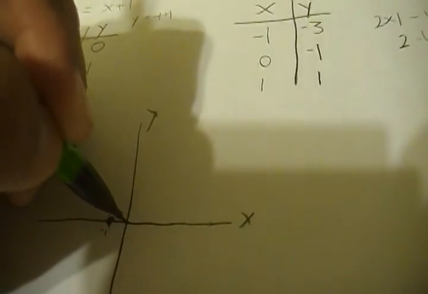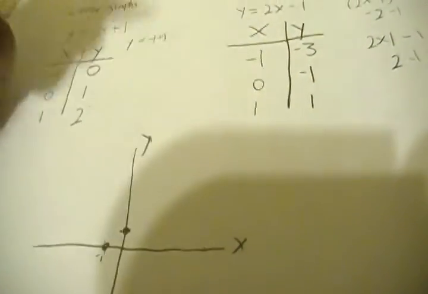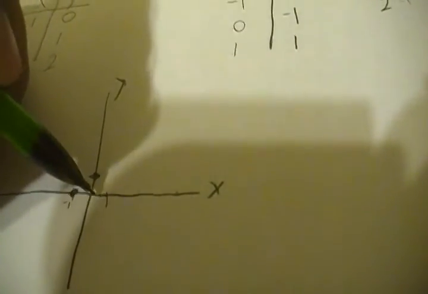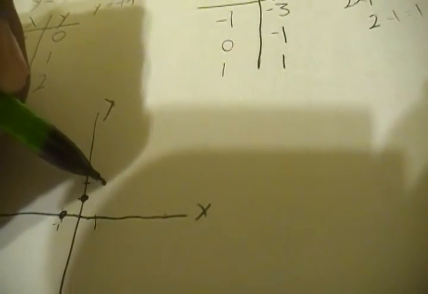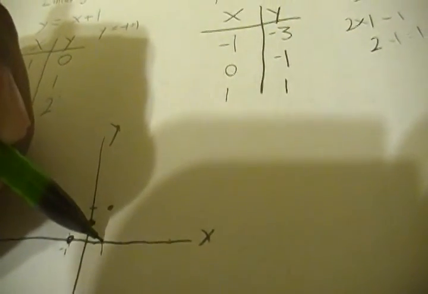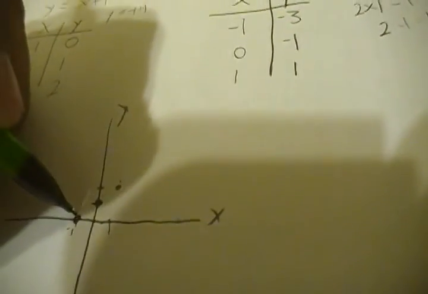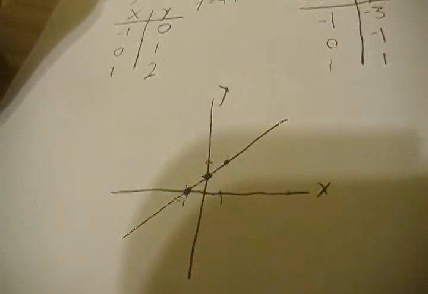So x is 0, and then we have 1 for y. So it'd be this point right here. And then we have 1 and 2. So we have 1 for x, and then we have 2. So it'd be here because you go 1 over to the right, and we go up 2. So if we connect the dots, it becomes a line like so.